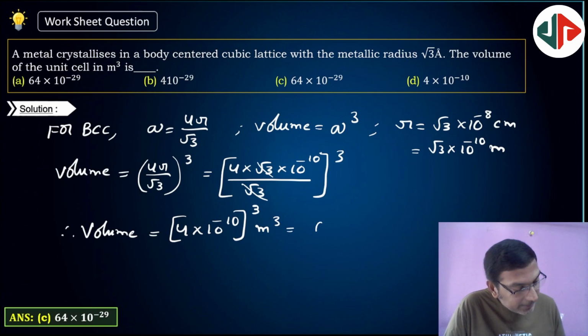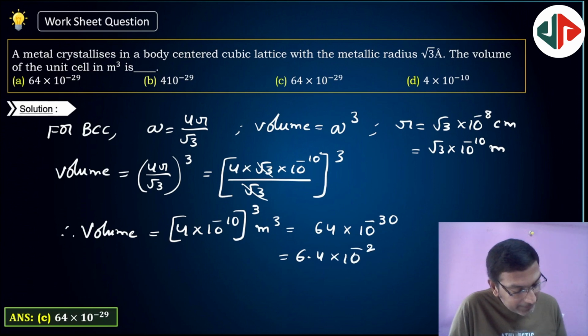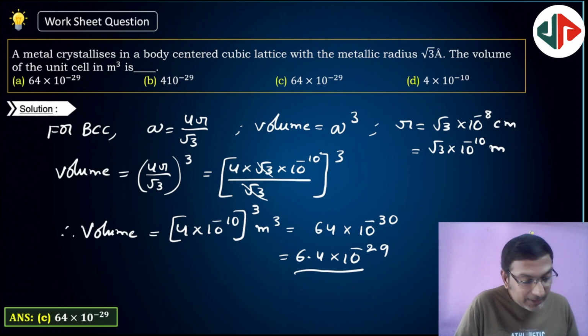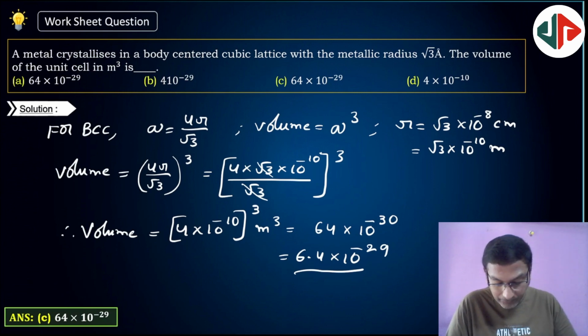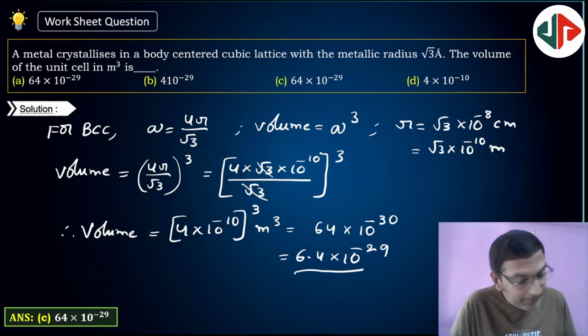That is 64 into 10 power minus 30, therefore 6.4 into 10 power minus 29. This is the answer. 6.4 should be there. So option C, 6.4 should be there here.